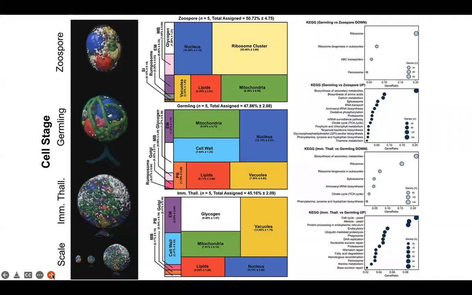And what we actually did, because we see this dissipation of the ribosome cluster in the zoospore into the germling, that actually makes sense because zoospores are known to be translationally and transcriptionally inactive. So what happens is the zoospore acquires mRNA maternally when it's being formed.